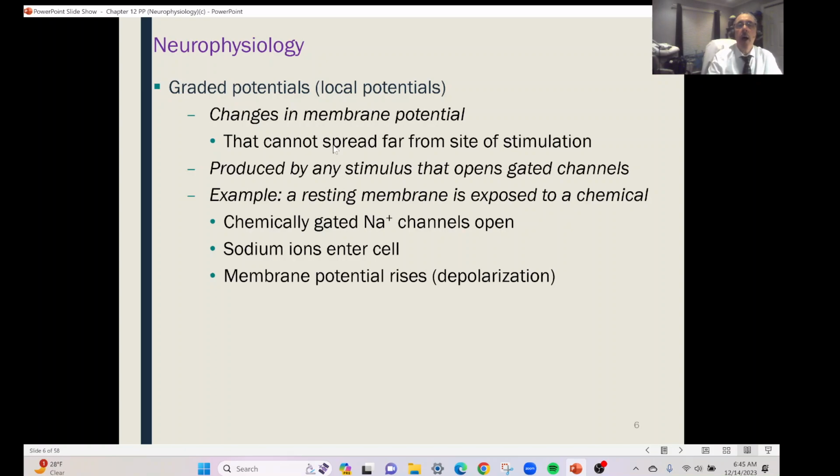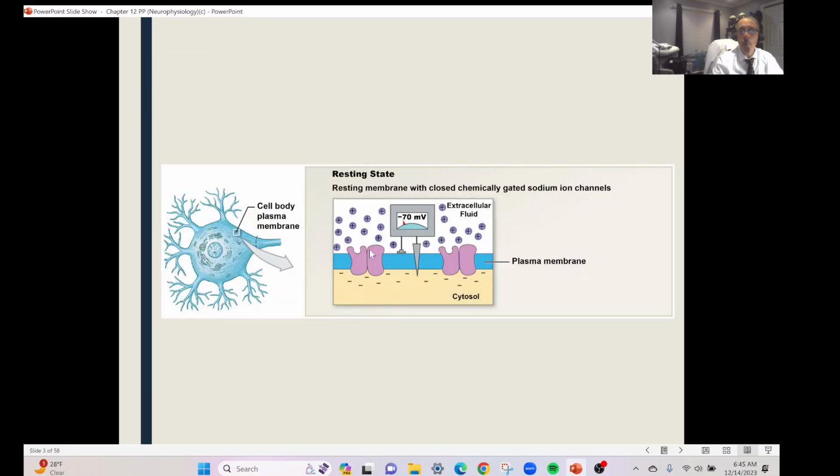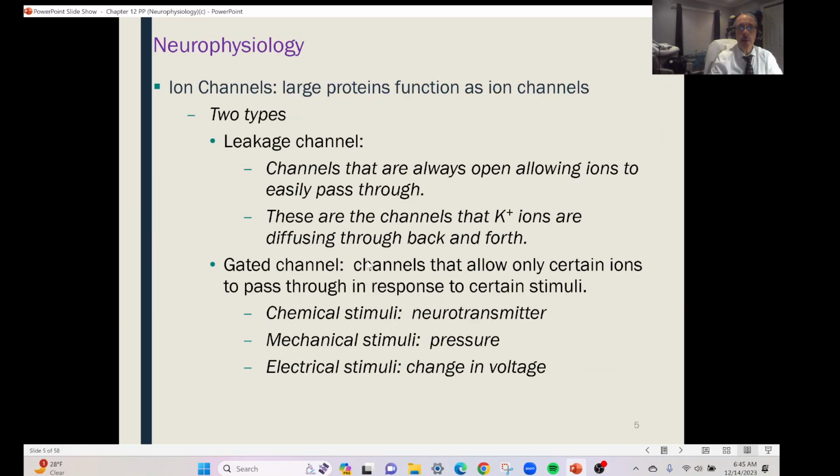And these will now spread a little bit away from the point of stimulation. Okay, they don't go very, very far. And as they go further away, they actually get weaker. They're produced by any stimulus that opens a gated channel, right? So any stimulus that opens this channel here, whether it's chemical, mechanical, or electrical, that would cause that to open.